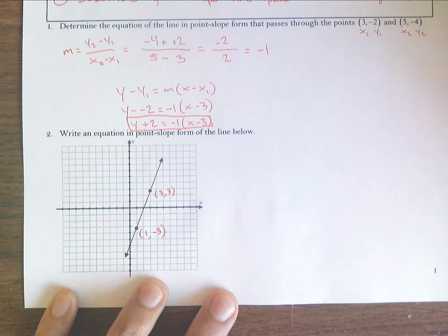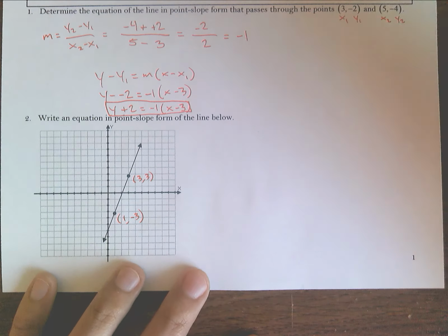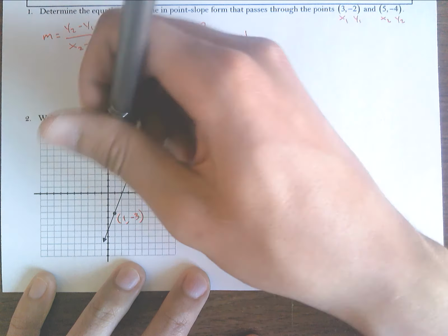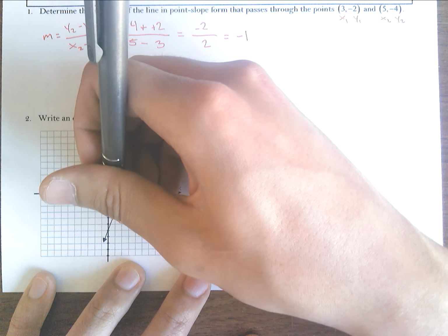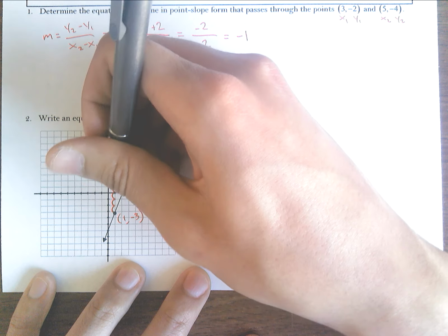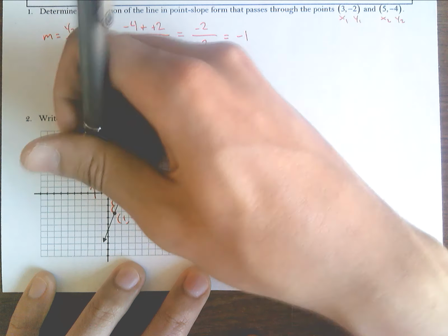Remember, to find the slope between 2 points when given a graph, there are a couple different ways. We can use our formula and plug it in. Or if we're given the graph, we can just count how far up or down it goes and then how far right it goes. Here we go up 1, 2, 3, 4, 5, 6, so up 6.